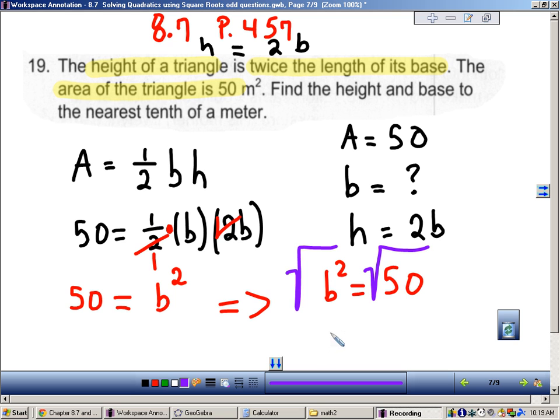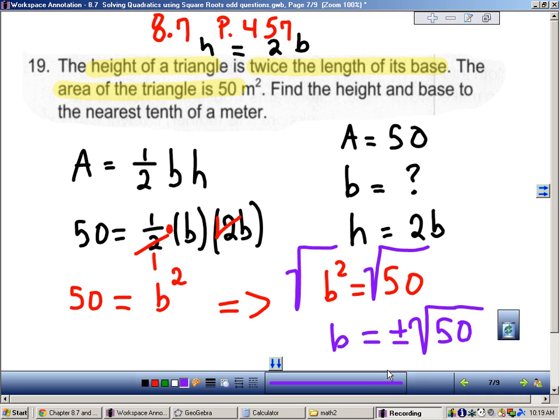And so B is going to equal plus or minus the square root of 50. Since we need to round to the nearest tenth, we can use our calculator to find our answer.